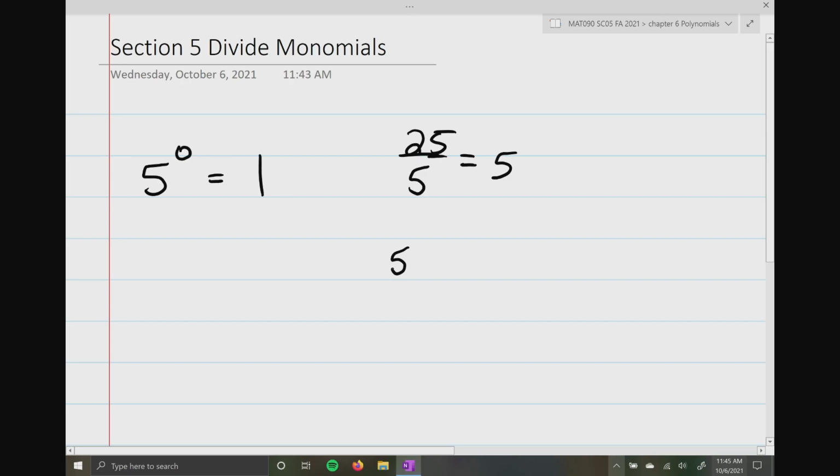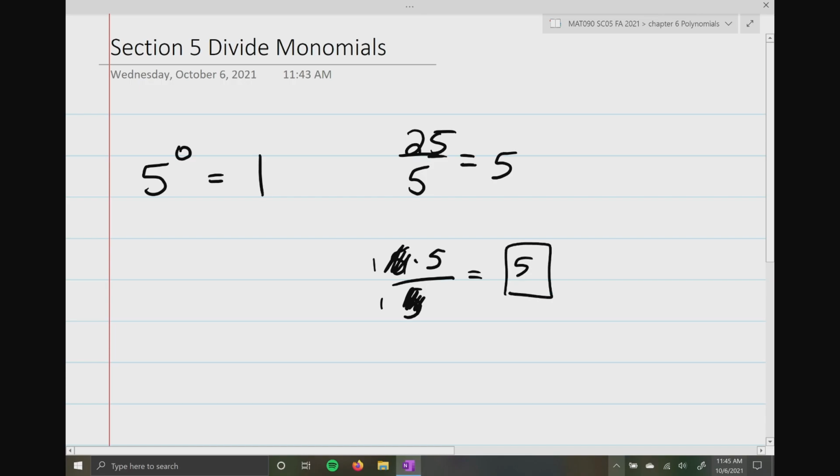We all know that 25 is 5 times 5. Then you have a 5 in the denominator. And what Amy recognized so quickly, you didn't even know you did this, is that you have a 5 in the numerator and a 5 in the denominator, so you just reduce them. They turn into a 1, and that is how you got the answer 5.